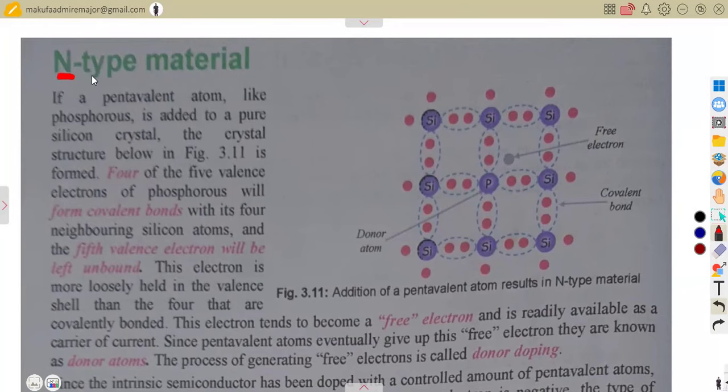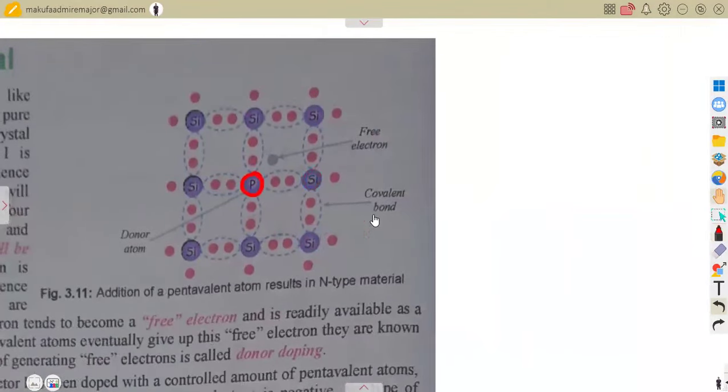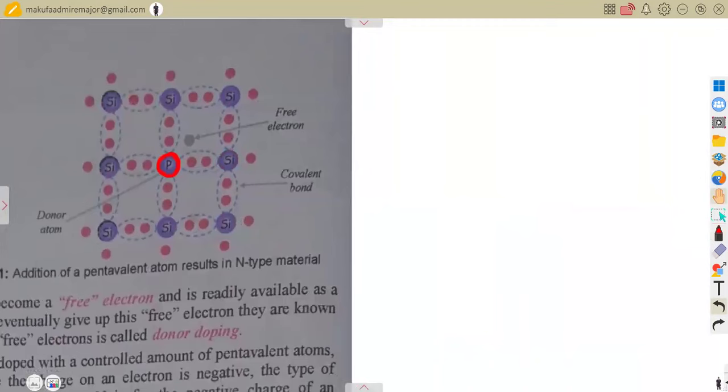Anything that has 5 valence electrons, like phosphorus. So you are bonding phosphorus and silicon. Phosphorus has 5 valence electrons, remember.